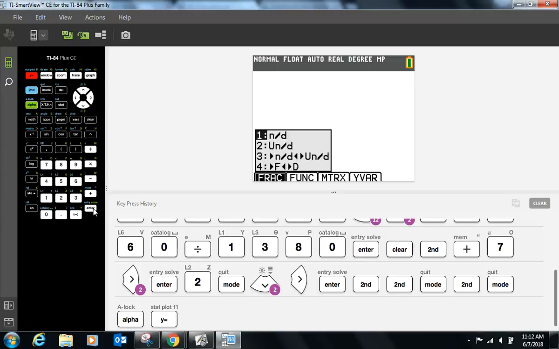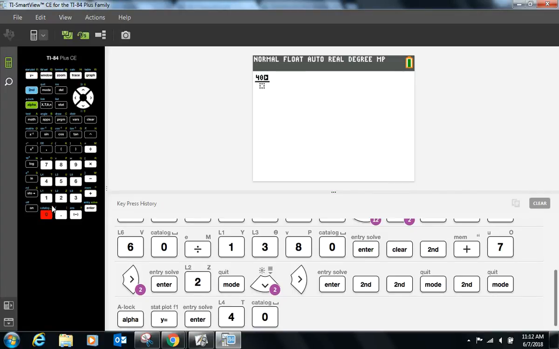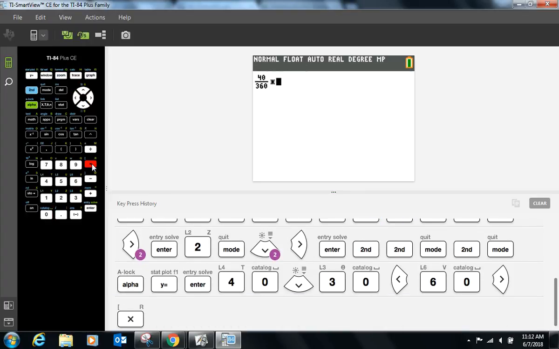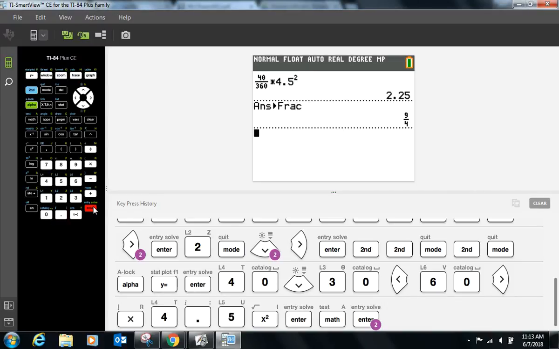Fraction template: 40 over 360, and then multiply that by 4.5 squared, leaving out the pi. So 2.25 pi. Another acceptable answer, for anyone who left it as a fraction, is 9 pi over 4. Both answers are acceptable.